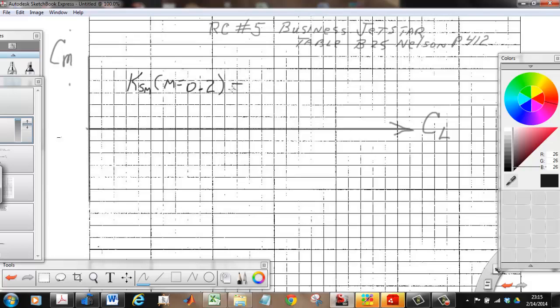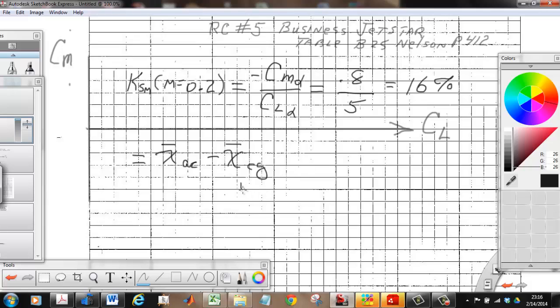If you go into the table, that's going to be equal to minus Cm alpha over Cl alpha, which is 0.8 over 5, or 16%, 0.16. And we know that KSM equals X AC minus X CG.